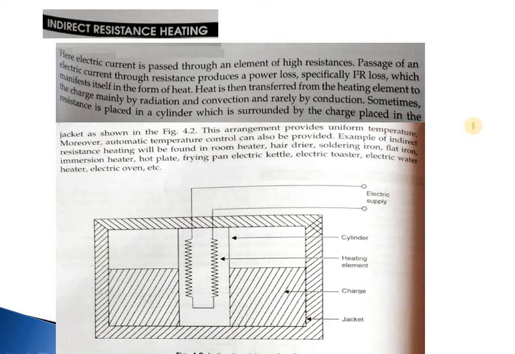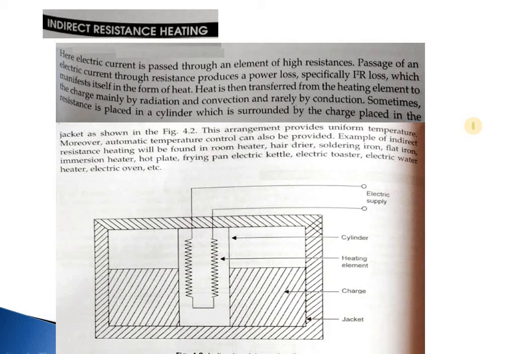Heat is then transferred from the heating element to the charge, mainly by radiation and convection and rarely by conduction. Sometimes the resistance is placed in a cylinder, which is surrounded by a charge placed in the jacket as shown in the figure. This arrangement provides uniform temperature.